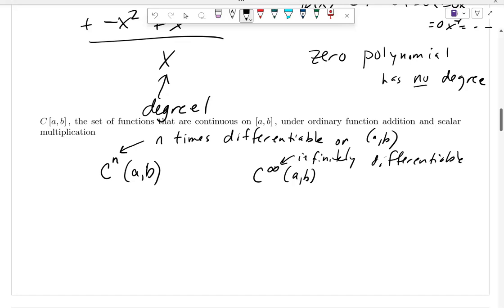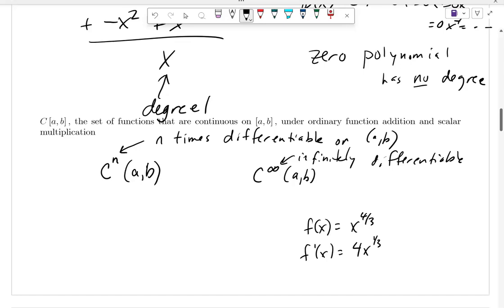So to give you something that's maybe 1 times differentiable, but not 2 times differentiable, maybe you do something like f of x equals x to the 4/3. Are there any bad numbers to plug in for the derivative of that one? Or is that okay?